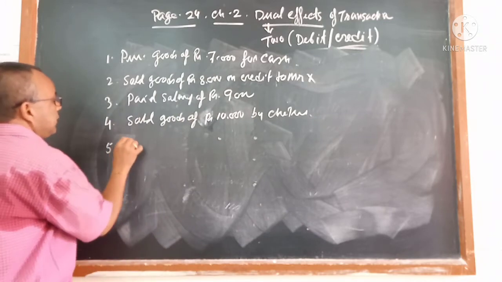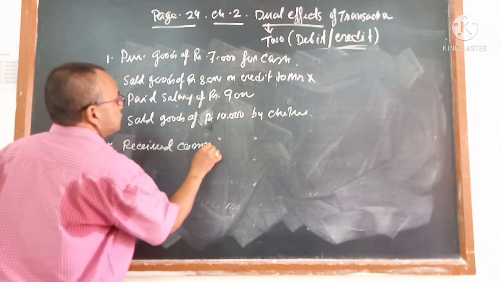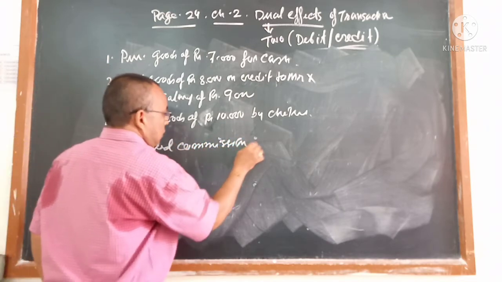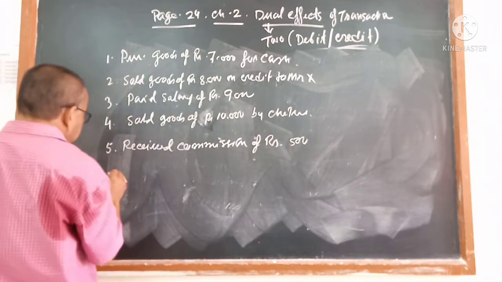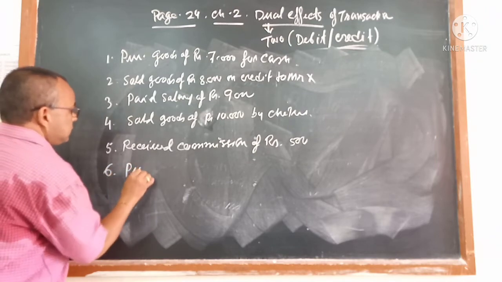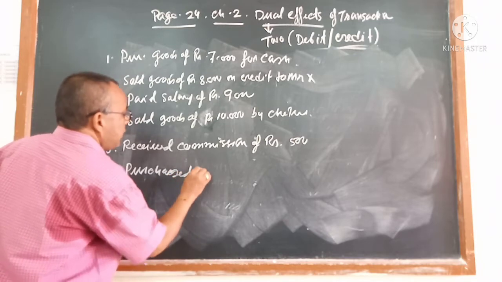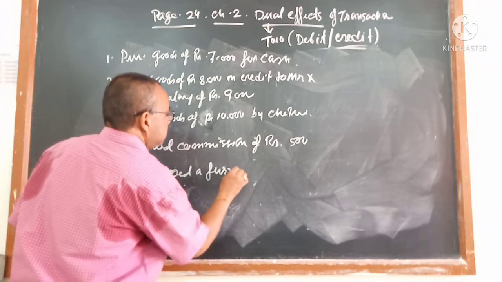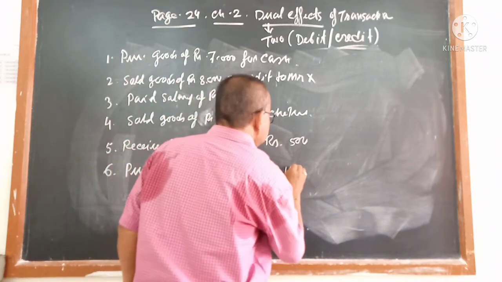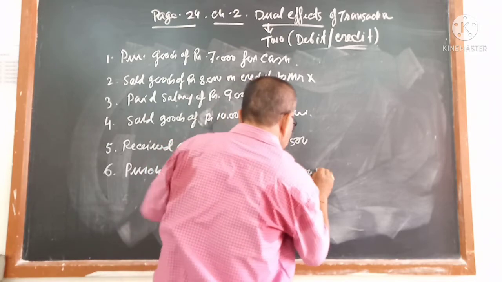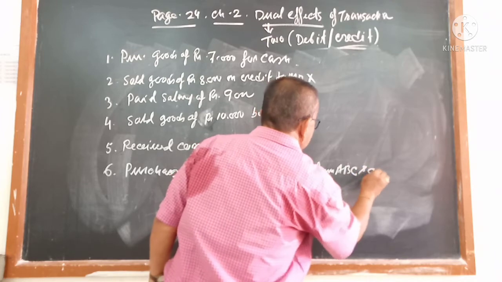Fifth one, received commission of ₹500. Sixth one, purchase a furniture of ₹11,000 from A, B, C and company.